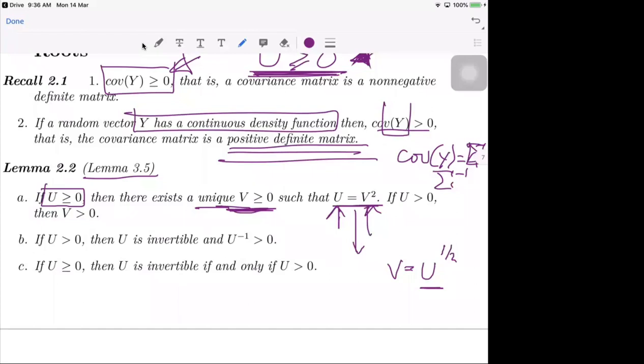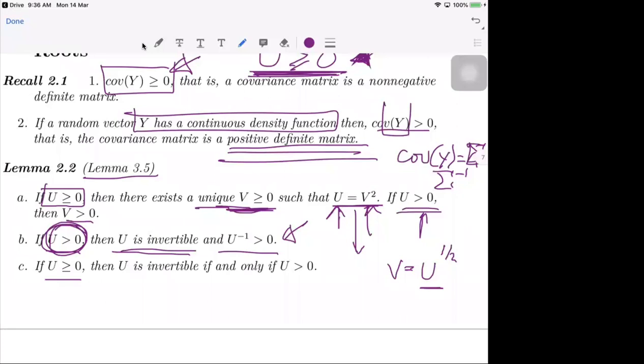And if your U is positive definite, then your V is also positive definite. If U is positive definite, then U is invertible and the inverse exists. So this is the nice property of a positive definite matrix, because it becomes an invertible matrix and the inverse exists, and that inverse is also positive definite.